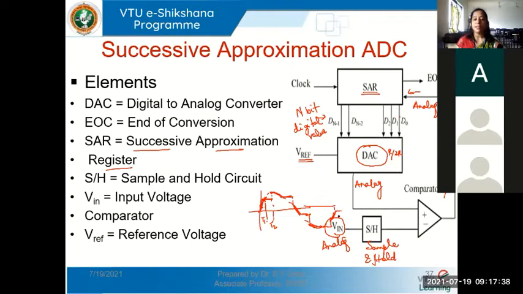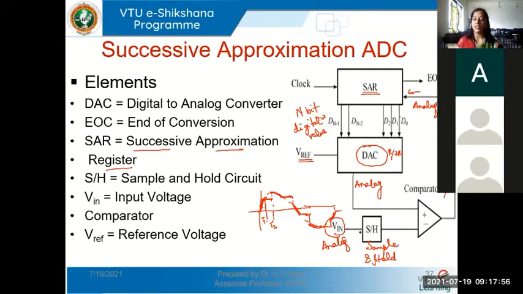Since it involves multiple iterations through this loop, if the analog value goes on changing continuously, then there will be confusion in this loop.